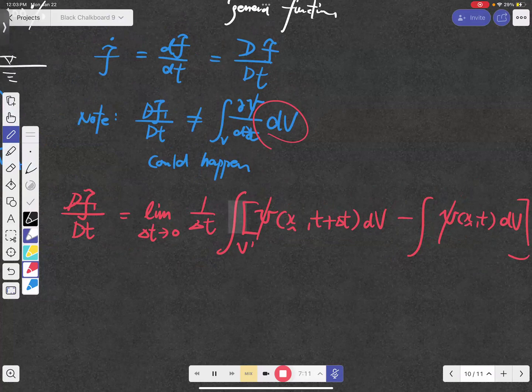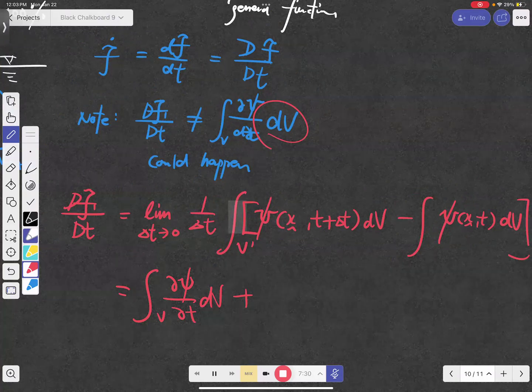And then if I take out the first term, the partial derivative, what would be the second term? The second term would be the convection term, right? What would the convection term look like?